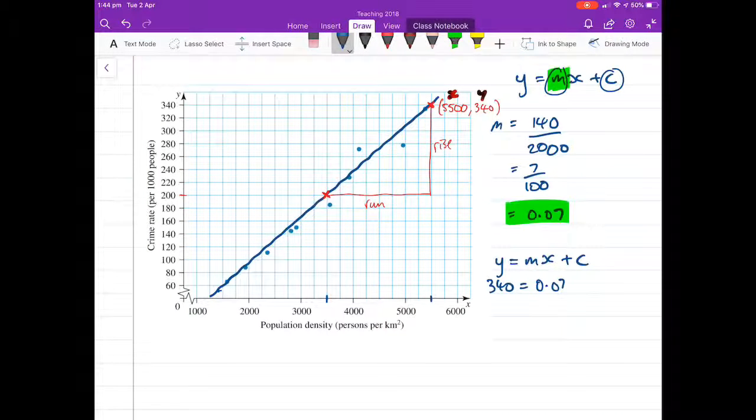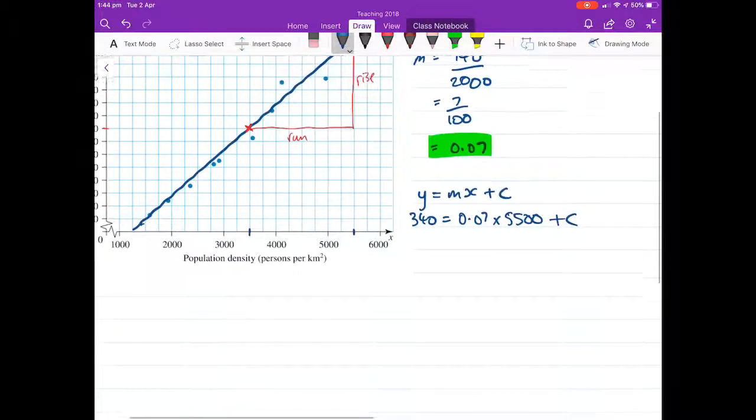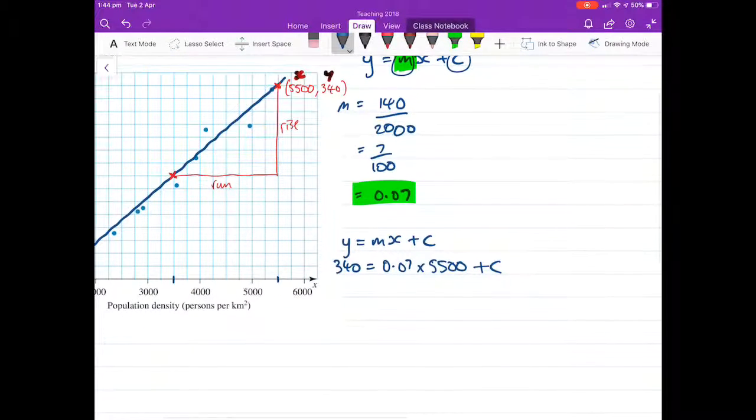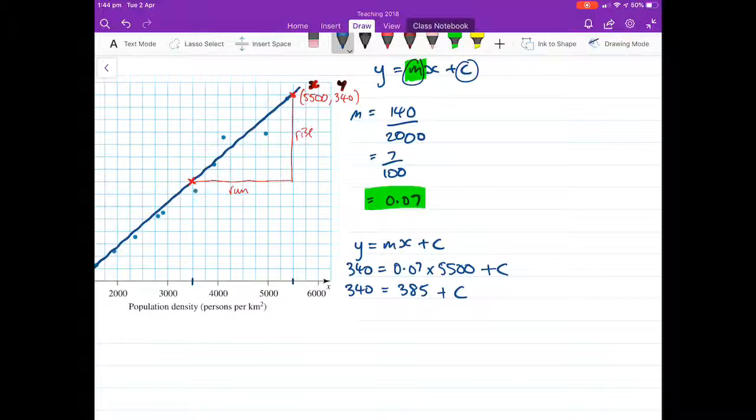So 0.07 multiplied by x, and our x value is 5,500, plus c. We don't know what that is because that's the one we're trying to find. So now we've got to solve. 0.07 times 5,500 gets me 385. The 340 stays the same on the left, and we've got plus c on the end.